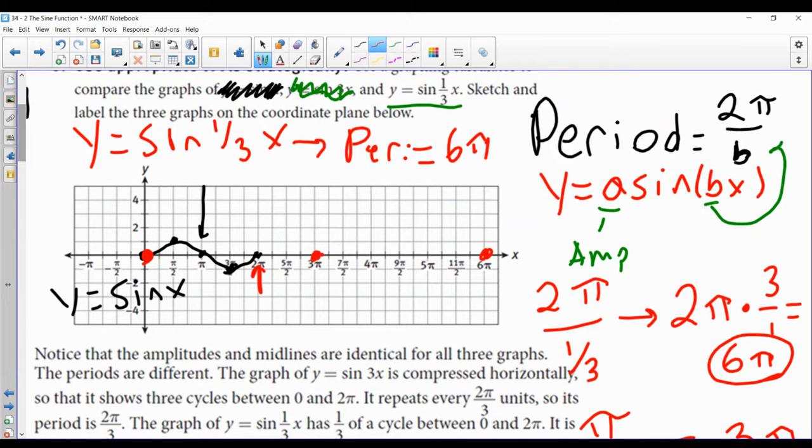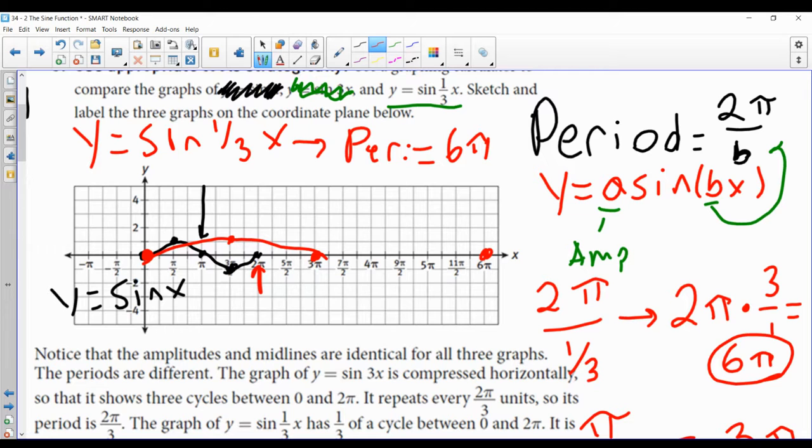Then from there I can continue this process. If you notice, I have a max at pi/2 for my original. If I go to my new graph in red here, all I have to do is look for the middle portion. In between 0 and 3 pi, the middle coordinate is just 3 pi/2. So this graph got stretched out along that line. Same thing over here.